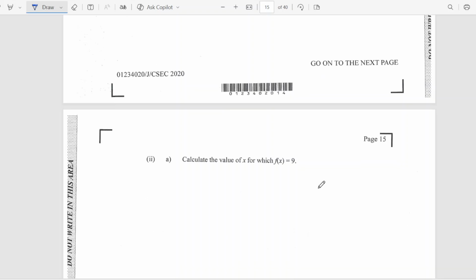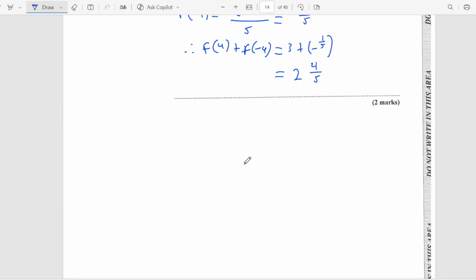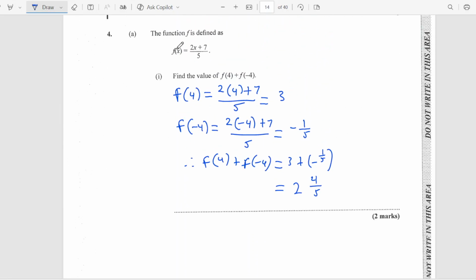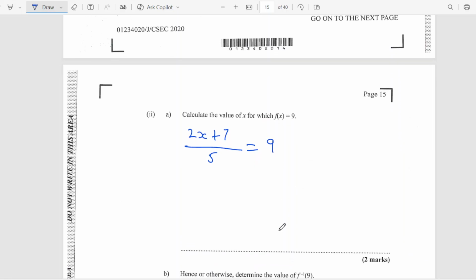Next part here, calculate the value of x for which f of x is equal to 9. So now they give you the function equal to 9 and you want to know what x is. We're not substituting 9. You put this equal to 9. So 2x plus 7 over 5 equals 9, and we need to solve for x.